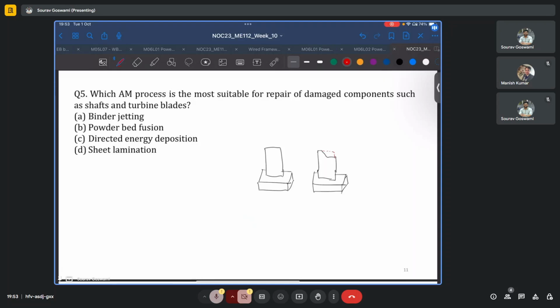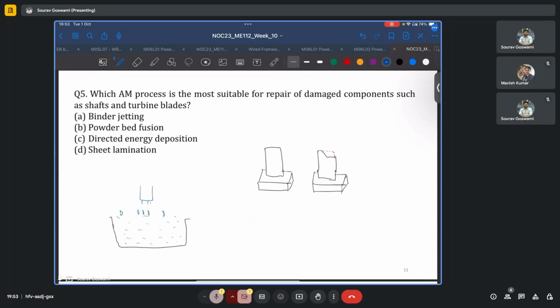Is it binder jetting? If you remember, in binder jetting like processes, we had this vat which was filled with powder, and for each layer, binder was jetted onto it in the form of droplets, and wherever the binder fell, the powders got cured selectively and formed the part.